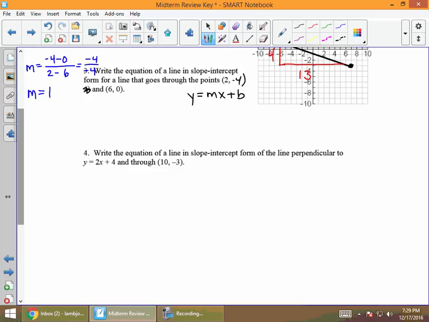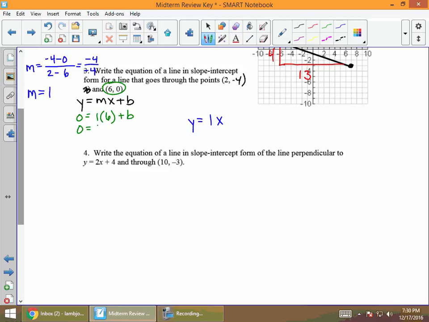Okay, well that helps me. This is going to be y equals 1x. And now I have to find the y-intercept. In order to find the y-intercept, I'm going to pick one of the points. I'm going to pick 6, 0. I'm going to plug that into my y equals mx plus b form. So 0 equals the slope, 1, times 6 plus b.